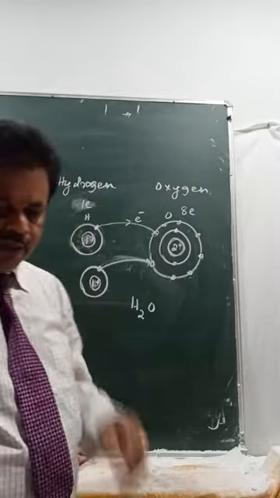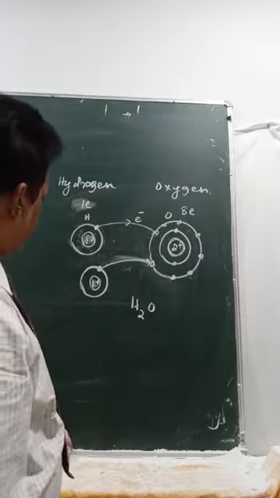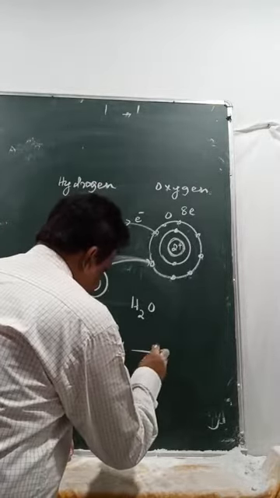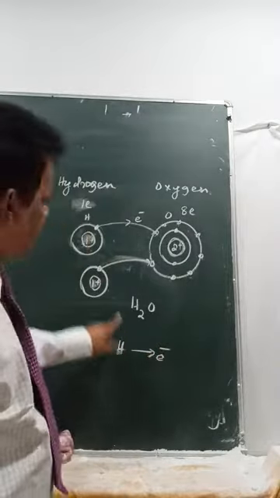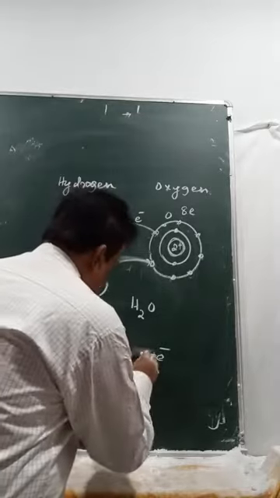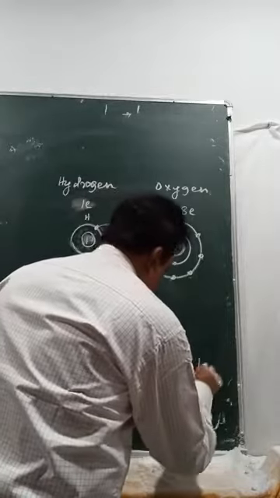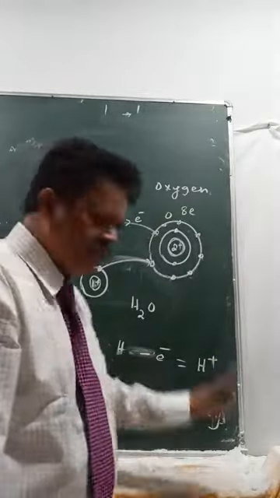Now the question is, when hydrogen gives 1 electron, previously it was neutral, it gave 1 electron, then it will be H plus now, because it has given 1 electron.